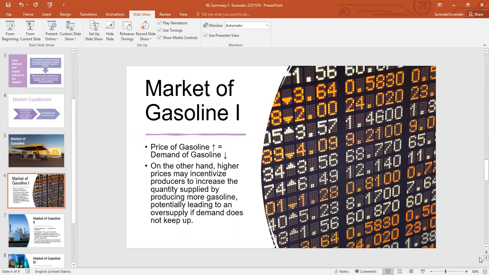At higher prices, producers may target to increase their benefits and the quantity supplied increases, and sometimes there is oversupply in the market because the price has become higher.